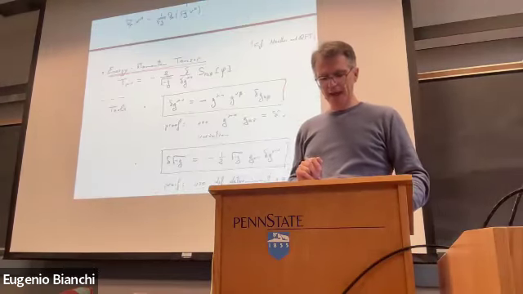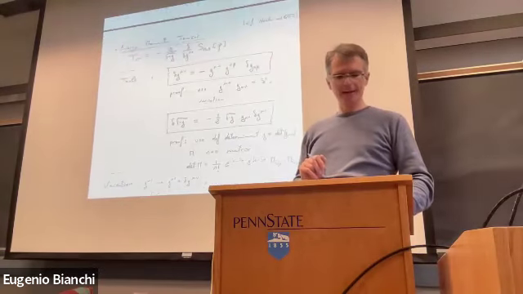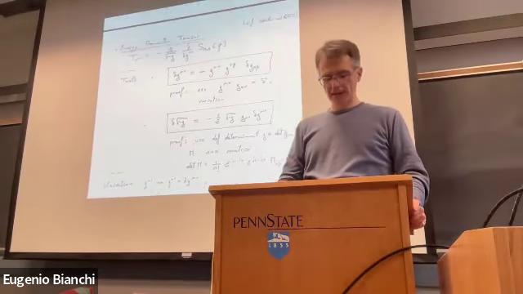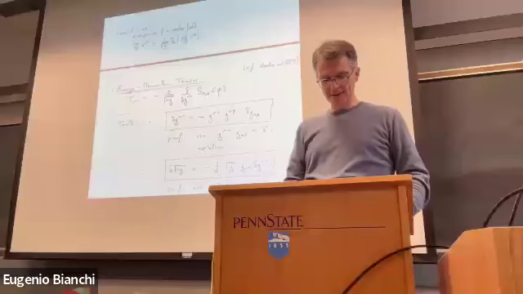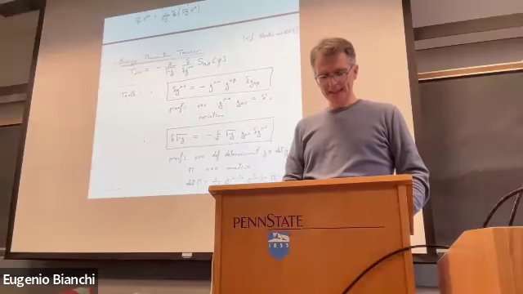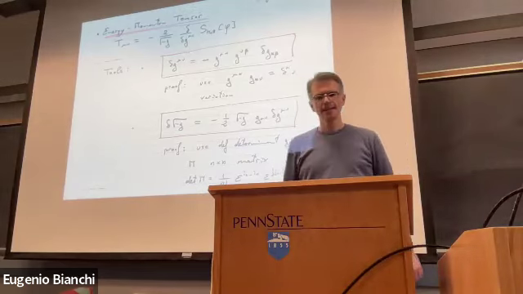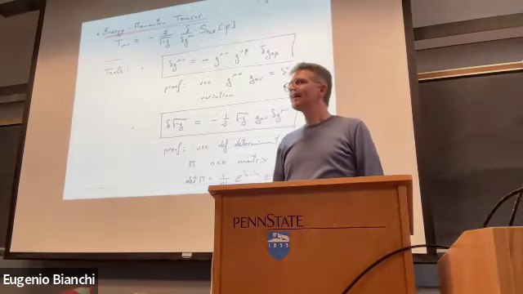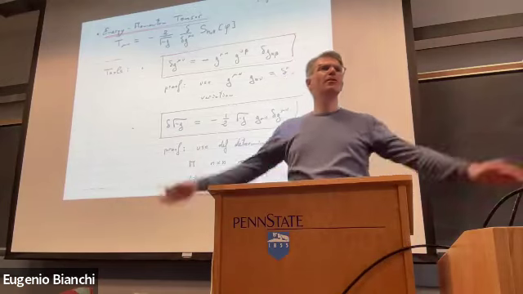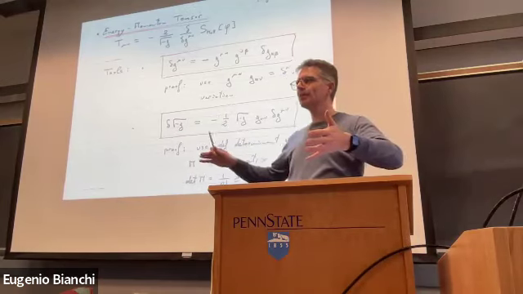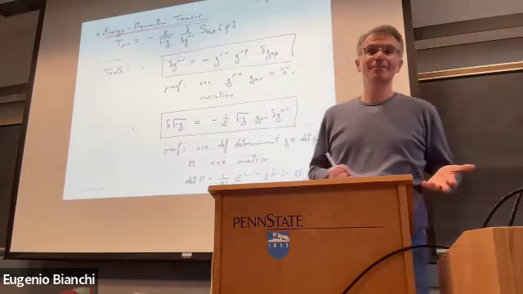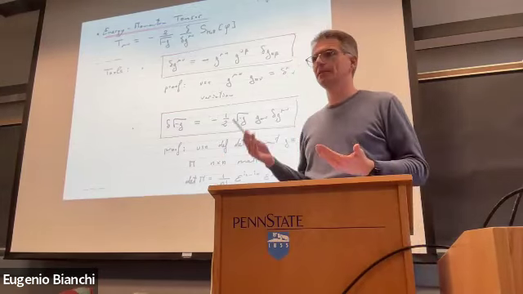Okay. One more thing. Energy momentum tensor. There are many ways of defining the energy momentum tensor for a field on a given background. For instance, if the background has symmetries, you could use the symmetries and use Noether's theorem.